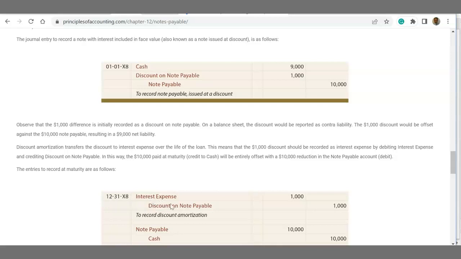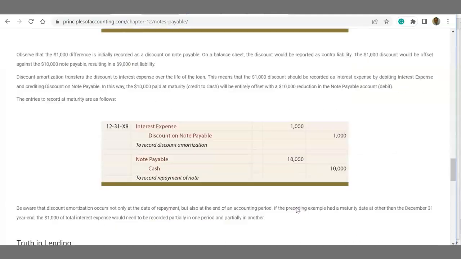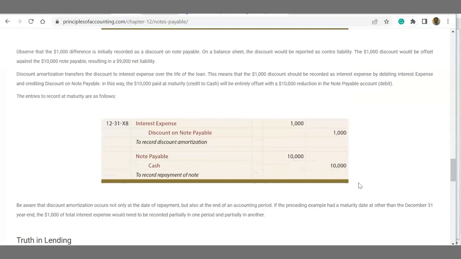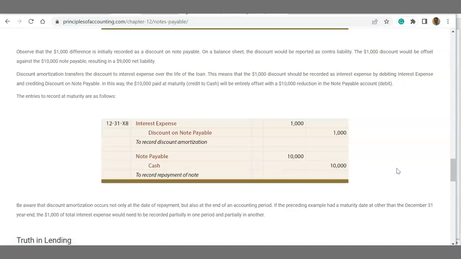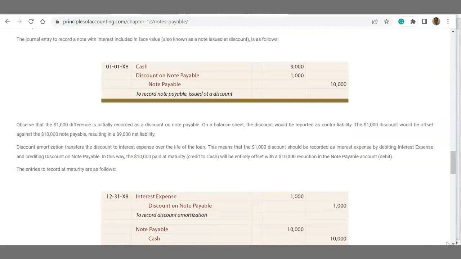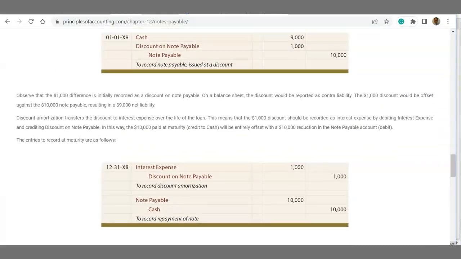You can wait until the end of the year when maturity comes. At maturity, you just close the discount on note payable and record interest expense for the last 12 months. And you also write a check and pay $10,000 to close the note payable. Make sense?